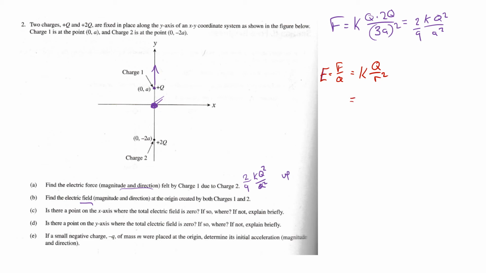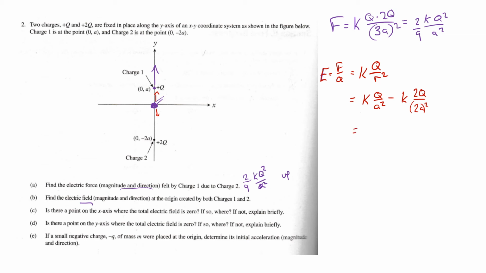So let's do the top one first. So we're going to have a KQ over A squared. And then we're going to have to add it to, but they're going to be going opposite ways because one is pushing this way, one is pushing that way. So we're going to subtract, really, a K2Q over 2A squared. And then that's in parentheses. Okay, so let's simplify this a little bit because we can.